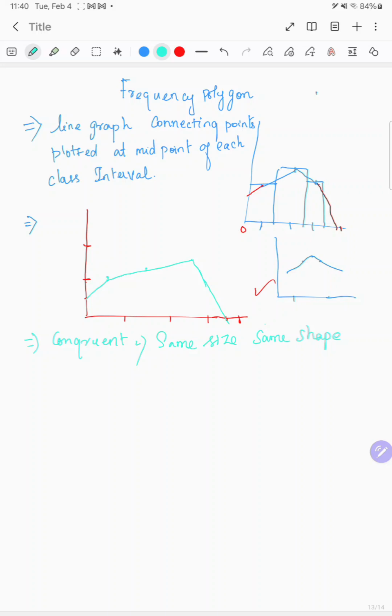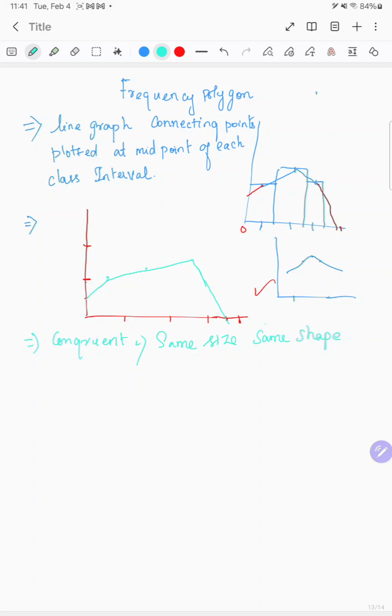So when we join, it will form roughly the same size and shape with the x-axis. This is the relationship between congruent triangles and the frequency polygon, so that is why we connect the points either to the beginning or to the end of the midpoint. So it is creating a series of triangles, one point, then we connect here. This represents congruent triangles having the same size and shape.